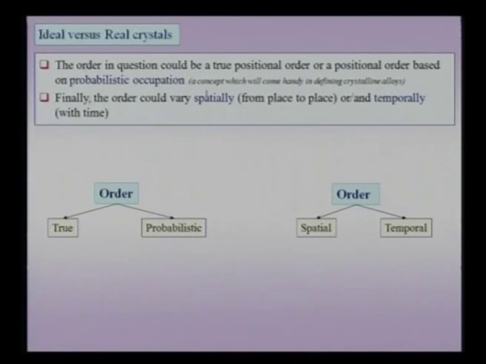Typically so far we have been talking about spatial order, but suppose I am talking about a liquid, the spatial order keeps on varying. We will see that, for instance, liquids typically have a short range order, but this short range order is not fixed in time. So there is a region wherein I could find, for instance, an atom with some kind of a coordination shell which is ordered, for instance an icosahedral coordination shell.